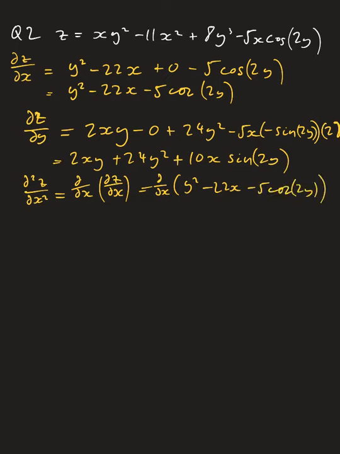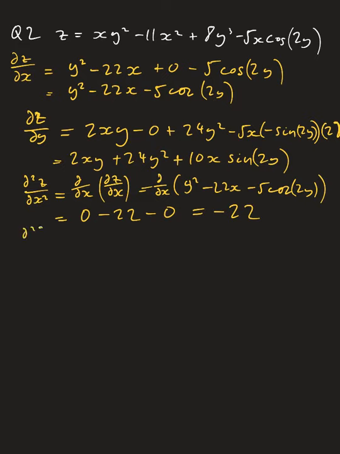So y squared has no x's in it, and remember now we're differentiating with respect to x, treating y as a constant. So I get 0 from y squared, I get minus 22, and that last term, minus 5 cos 2y, has no x's in it, so that goes to 0. So I get minus 22.